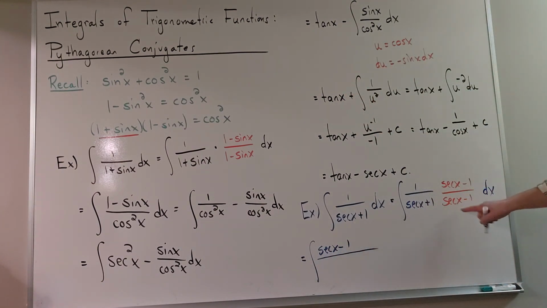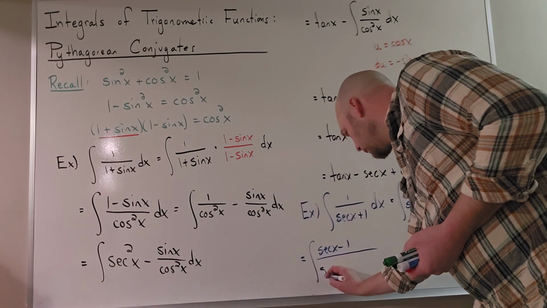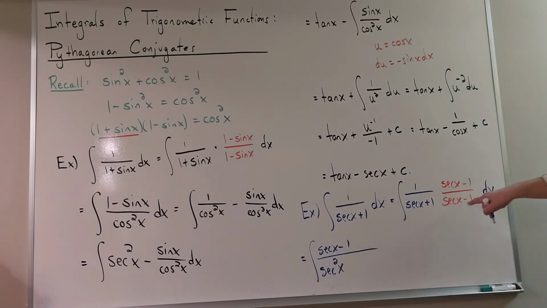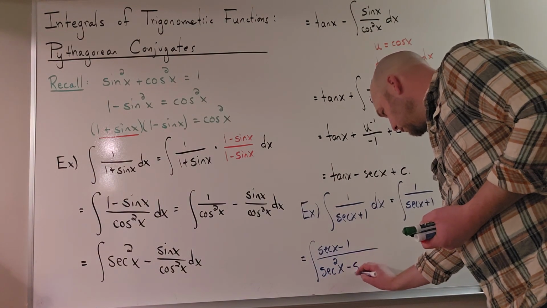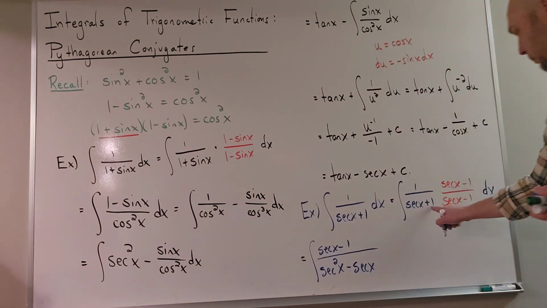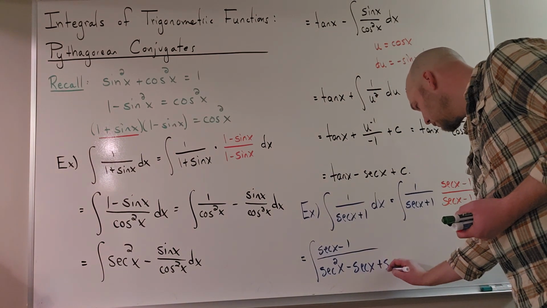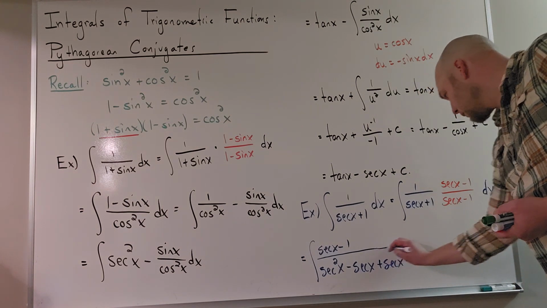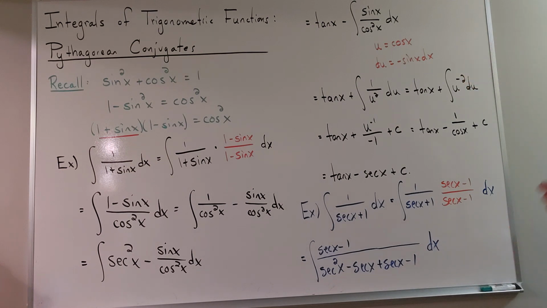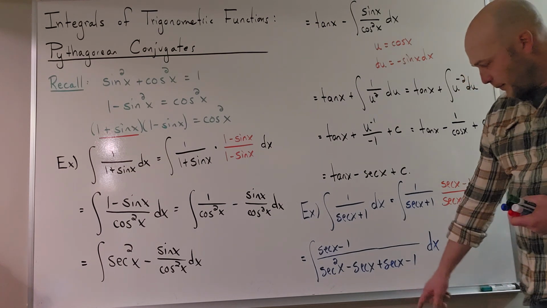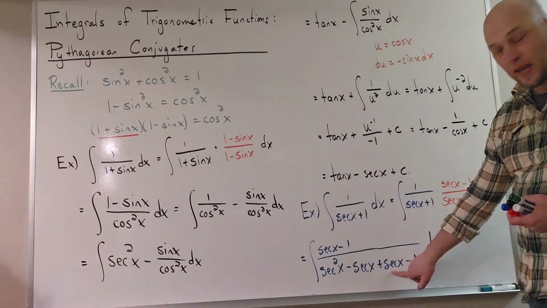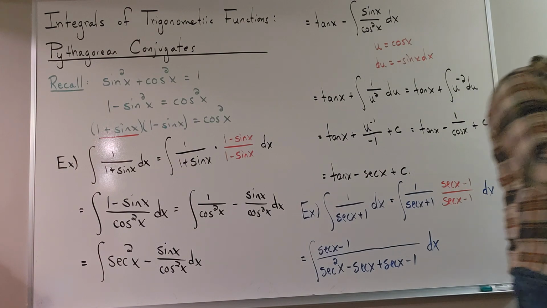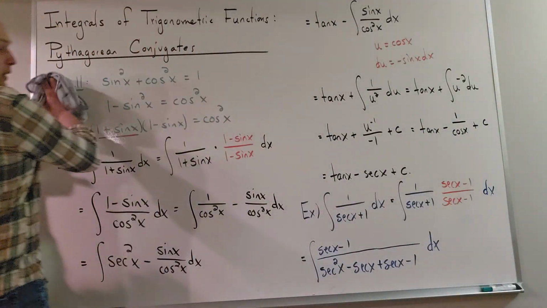When I FOIL this together, that would give me secant squared, then minus secant, plus secant, minus 1, and then dx. So you can see in this denominator, the minus secant and the plus secant are going to cancel, leaving secant squared minus 1. Okay, so let me clean up this side, and then we'll continue evaluating.